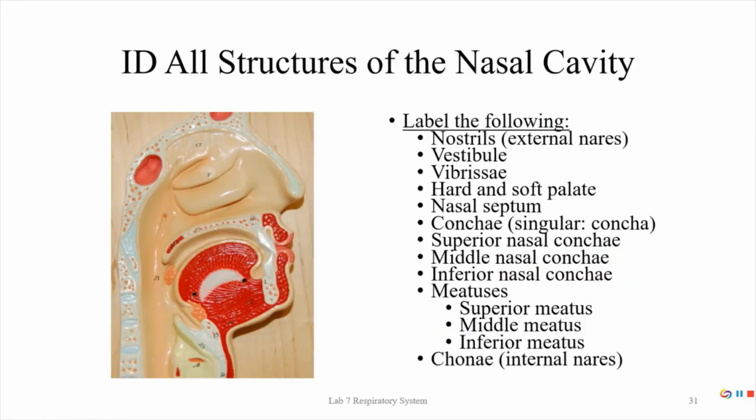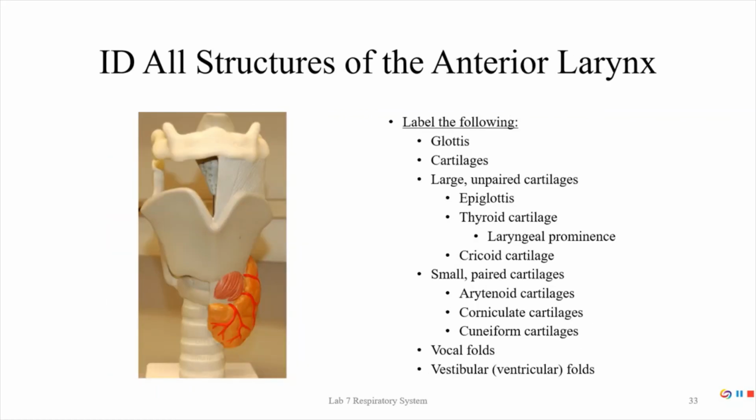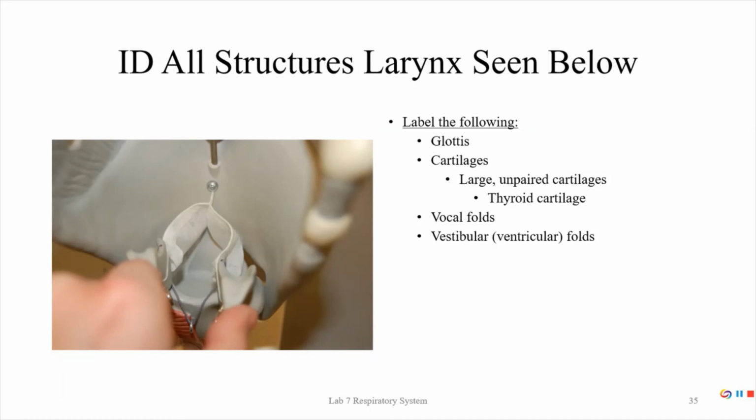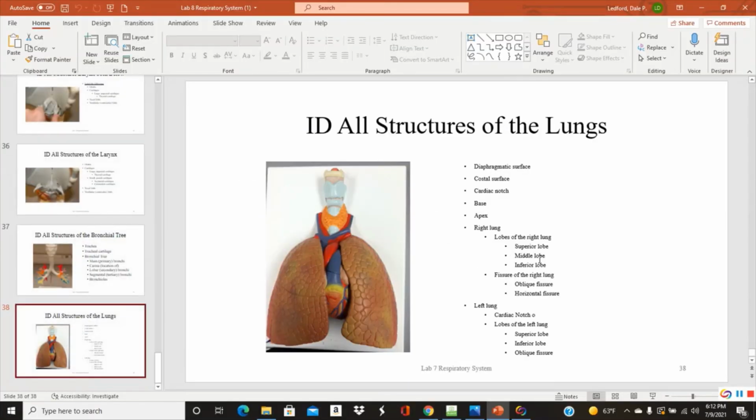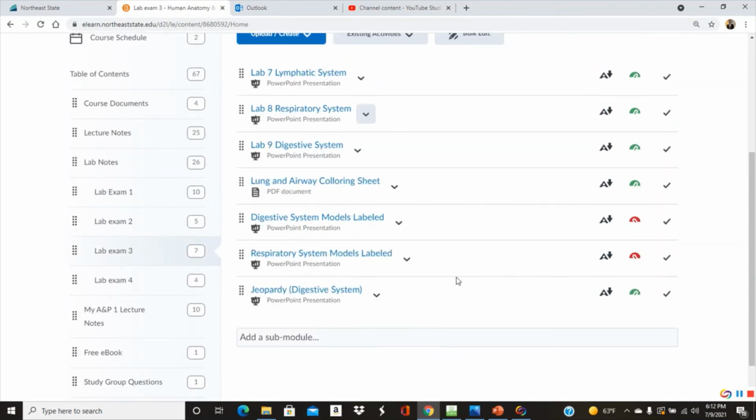This is the nasal cavity diagram I will be using. And this is the pharynx. Everything else, this one here, I just can't bring with me, but those will be used. You can also find these on my D2L page under respiratory system models labeled, and the answers are there.